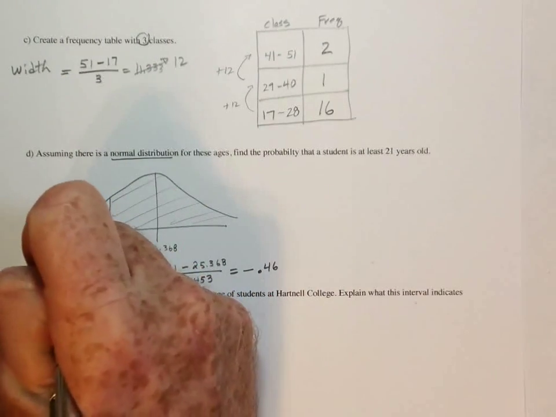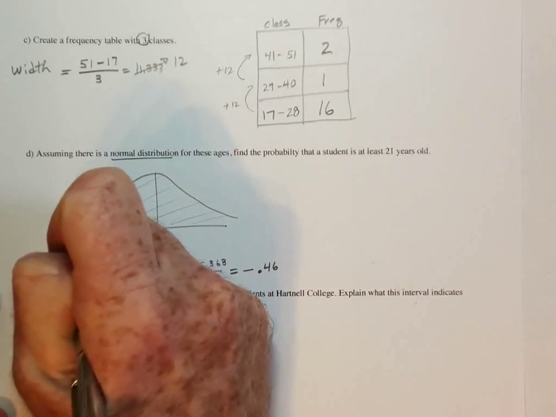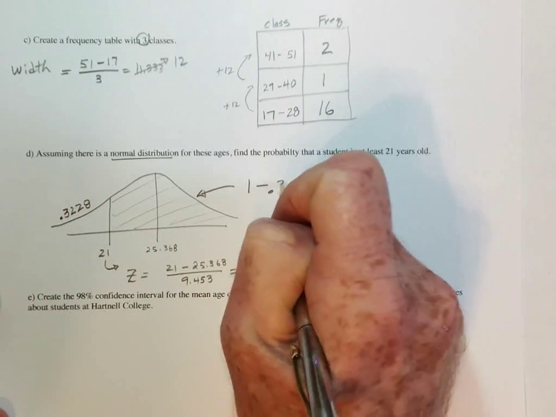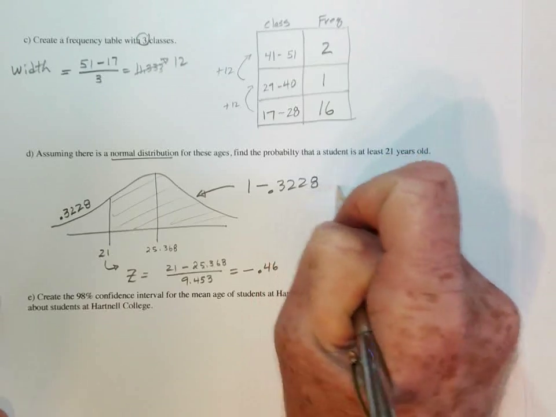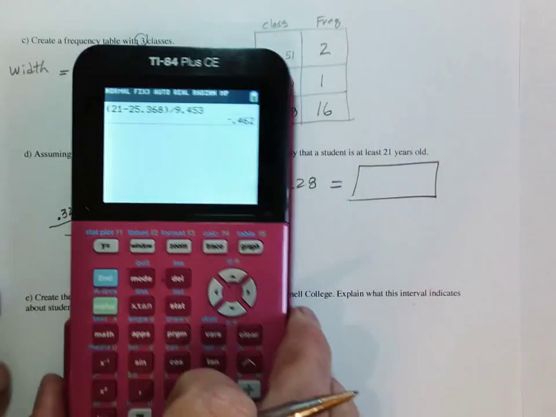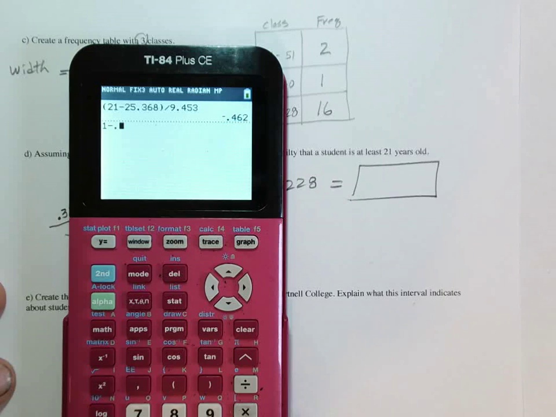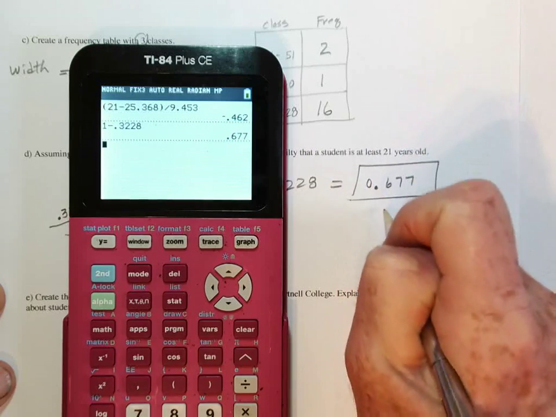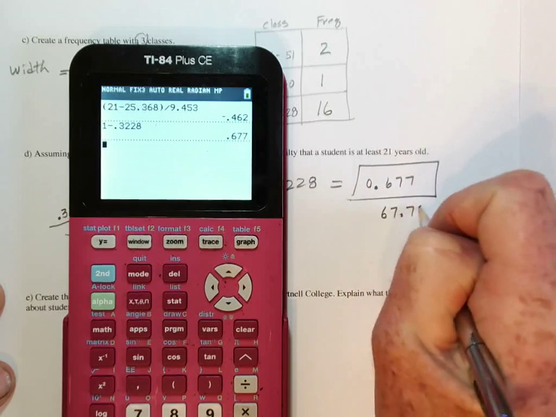Now that means that this side is 0.3228. Then this would be 1 minus that. And then that would be the final answer for that. So 1 minus 0.3228 is 0.677, or if you wanted to, 67.7%.